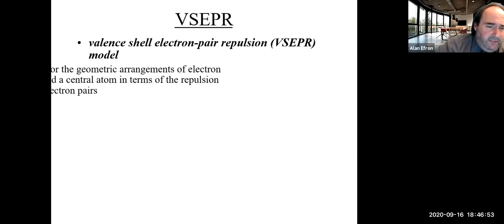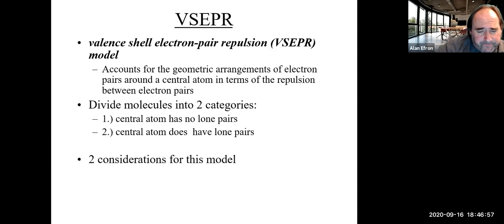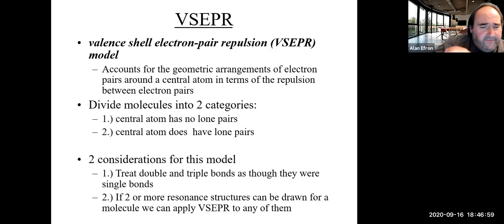This whole approach is referred to as VSEPR, which stands for valence shell electron pair repulsion model. Electrons don't want to be near each other, so they're going to move as much as they can, and as the bonds move, the overall shape of the molecule will move as well.